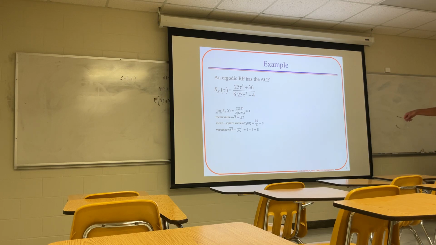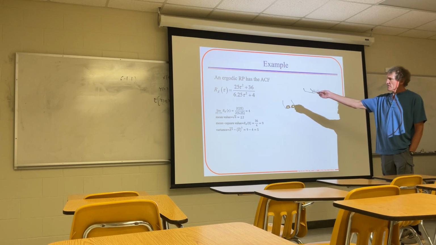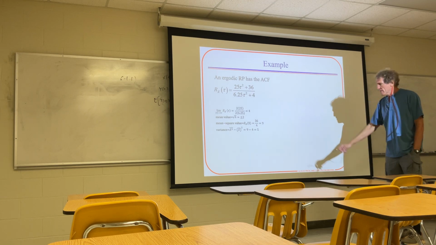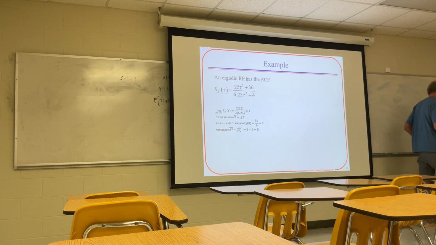Hold on, I'm sorry, I said something wrong here. I take it back. When tau goes to infinity, I get 25/6.25. Yeah, that is right. Anyway, he's just working an example to show everybody how you would determine from that.